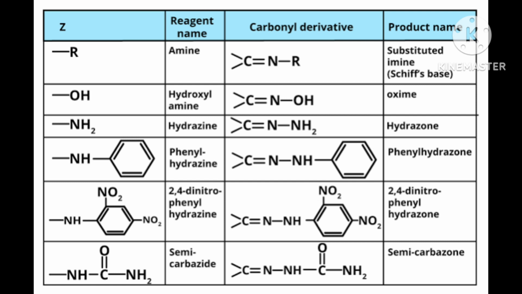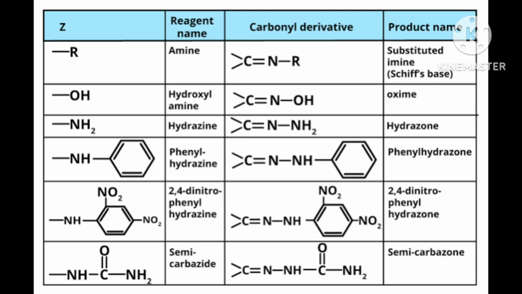Now suppose in the place of Z, H is there, NH3. At that time, what product will form? It will form C double bond NH. C double bond N and H will join. This is called imine.